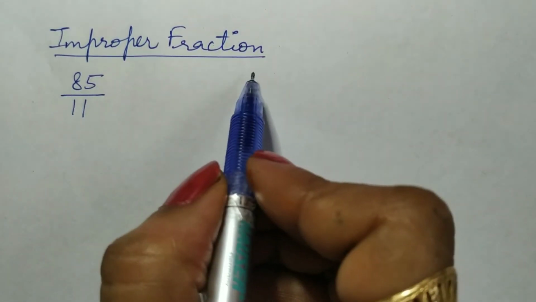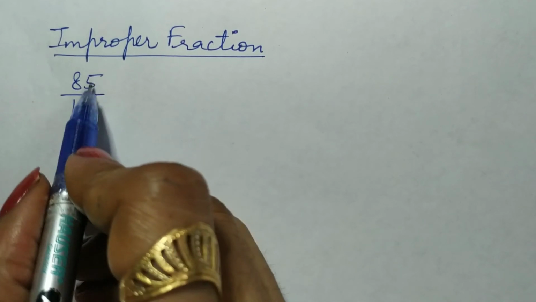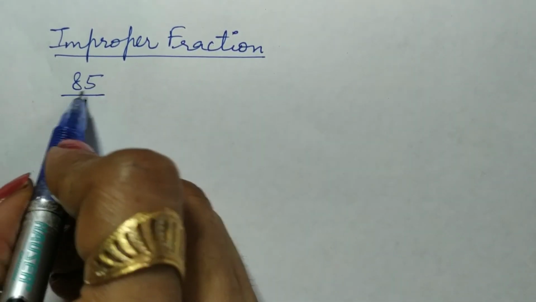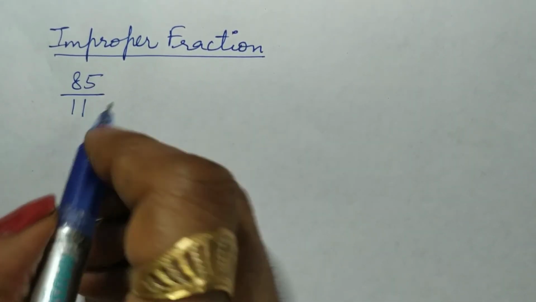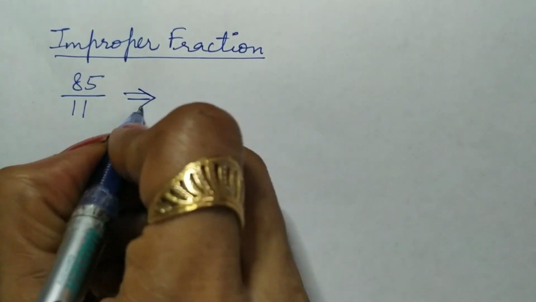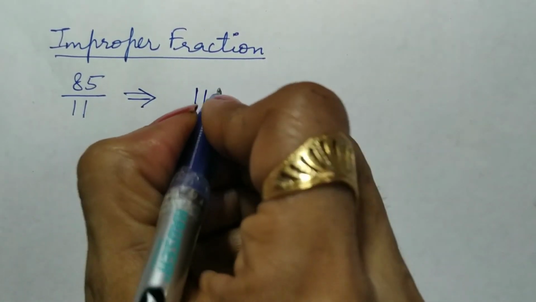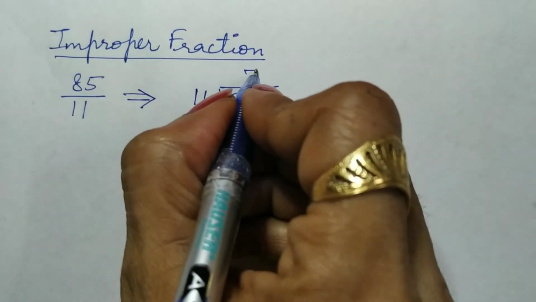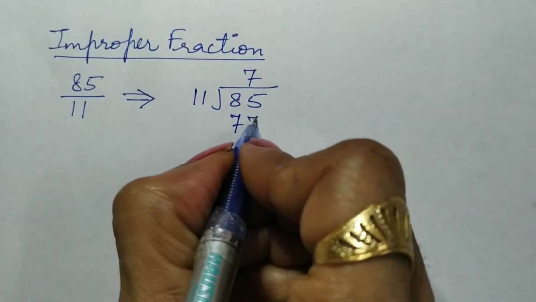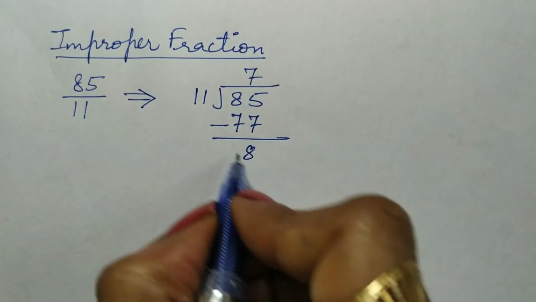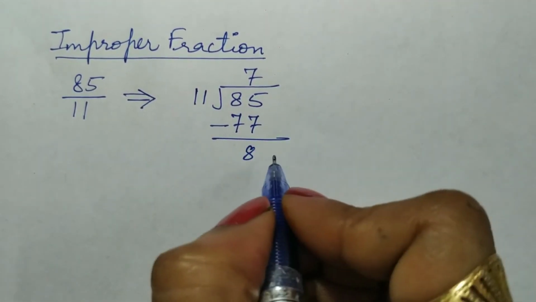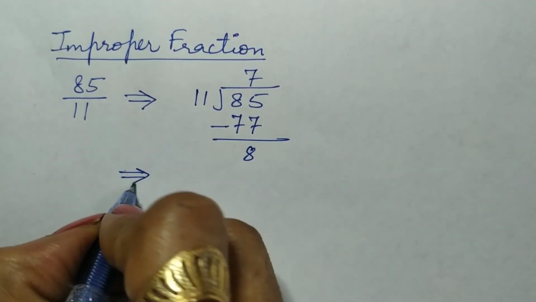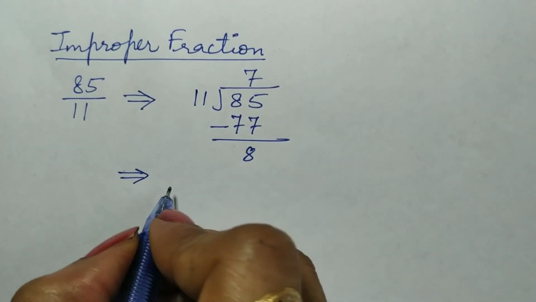Let's do one more example. The improper fraction is 85 by 11, as the numerator is greater than the denominator. To convert it into a mixed number, we have to divide 85 by 11. 11 sevens are 77. So we are left with 8 as remainder. Now we have to write it in mixed number form.